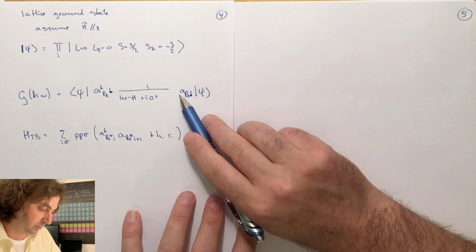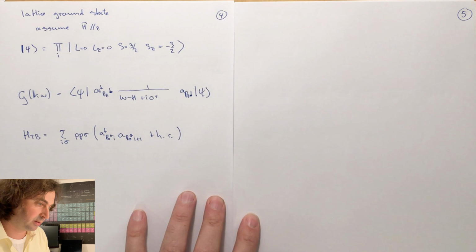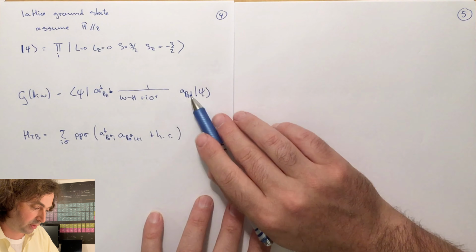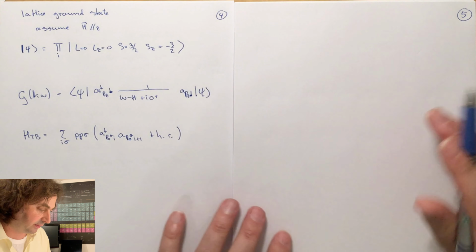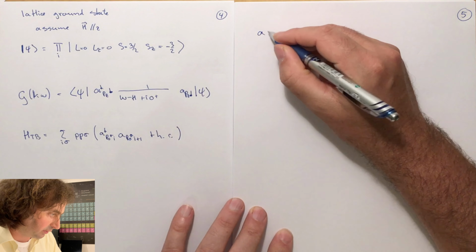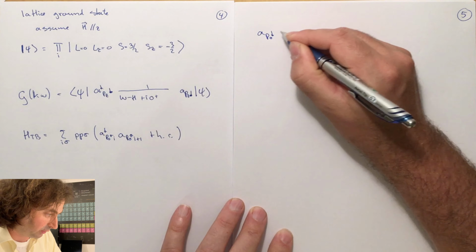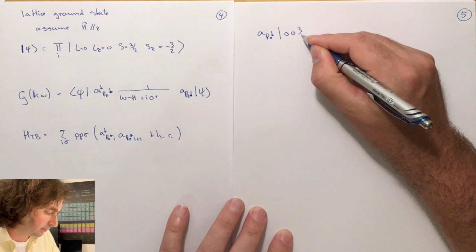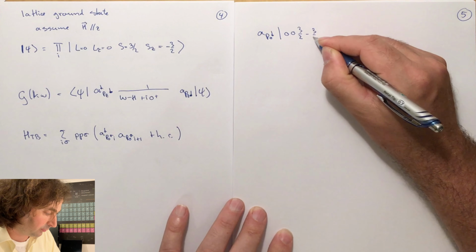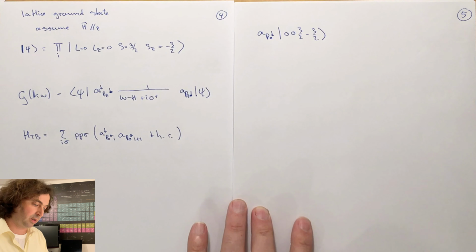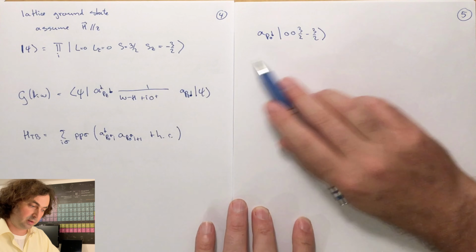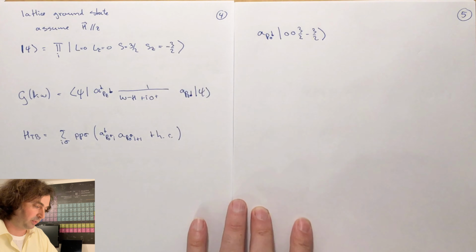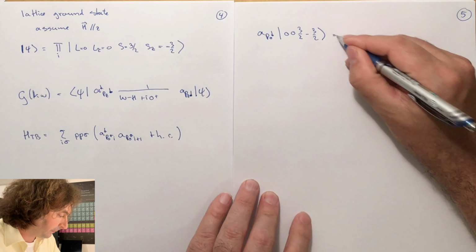So we can now look at this wave function, or at the Green's function, and we first of all can calculate the state where we remove a p0 electron with spin down from site i, and our ground state is the 0, 0, 3/2, minus 3/2 state.